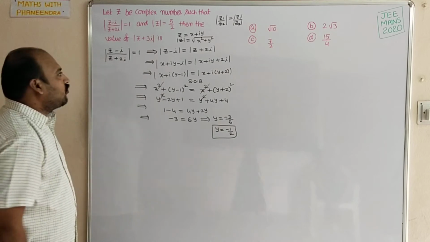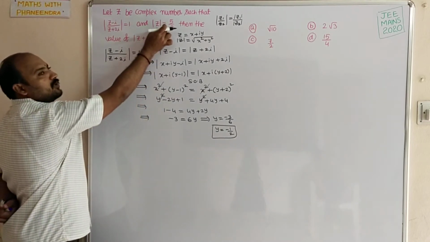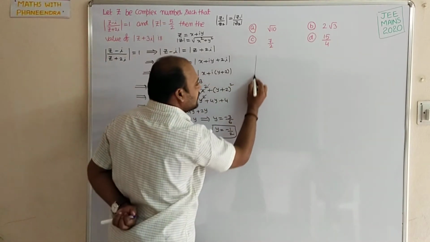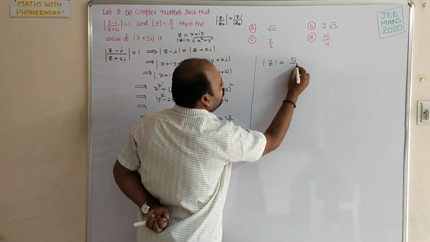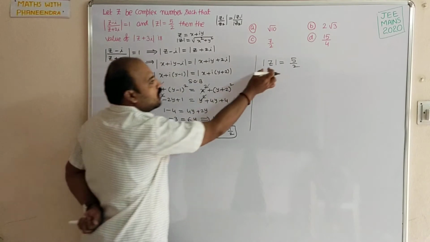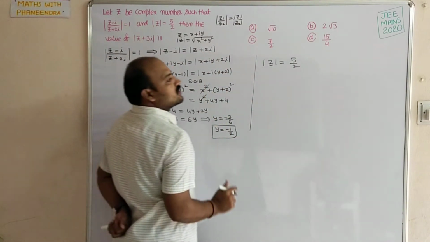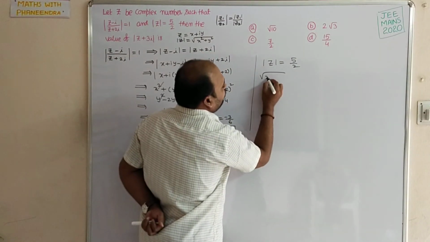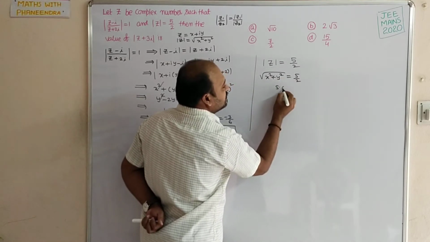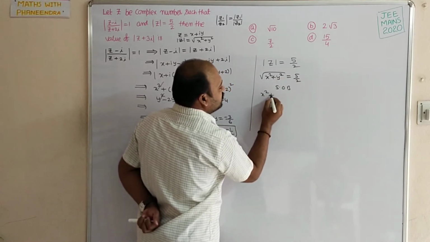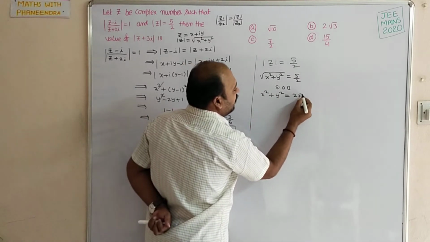After getting the value of y, we have to utilize one more condition. What condition is given? Mod z is equal to 5 by 2. What is mod z? Root of x square plus y square. Squaring on both sides, x square plus y square equal to 25 by 4.